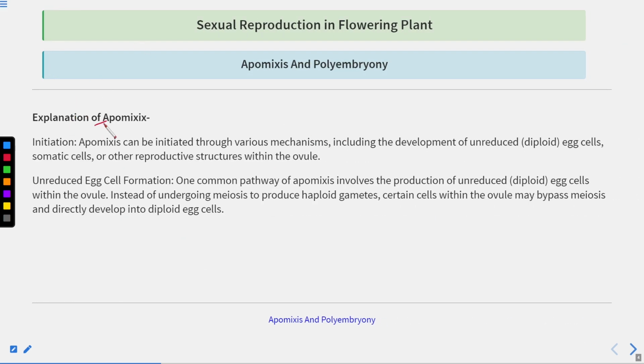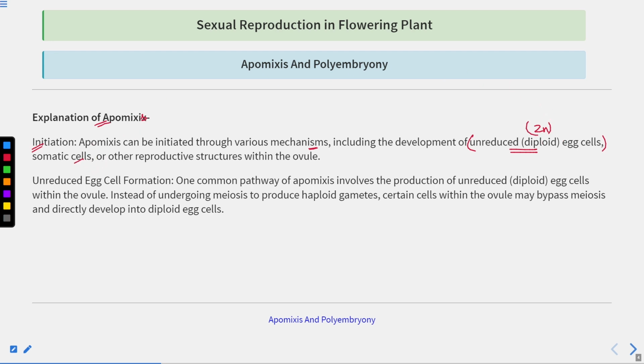Now, let's talk about how apomixis takes place. First is the initiation. Apomixis can be initiated through various mechanisms, including the development of unreduced egg cells. Egg cells are usually haploid, but sometimes unreduced egg cells are formed, and these unreduced egg cells are diploid.